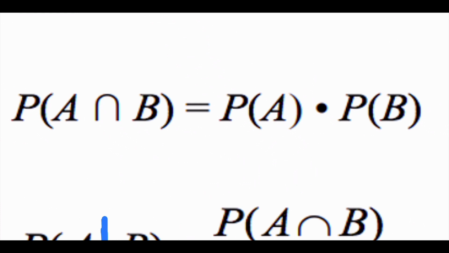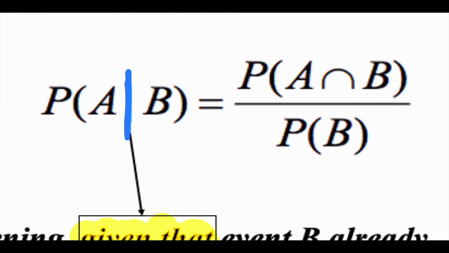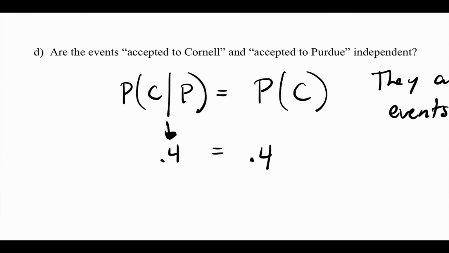Very rarely will they tell you that. Most of the time, they won't tell you anything. Even if they've told you they're independent events, you can still use this formula and it'll be okay. That's why it's called the general multiplication rule, because it's used the most often.